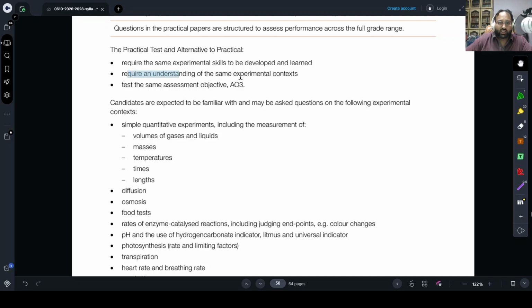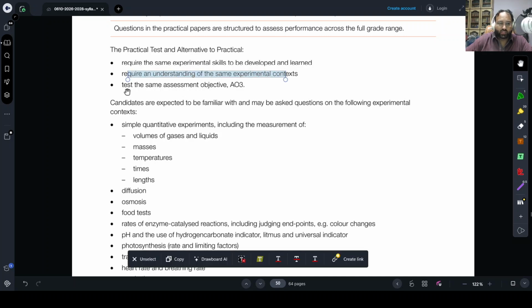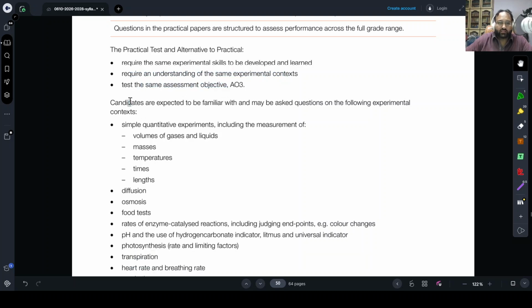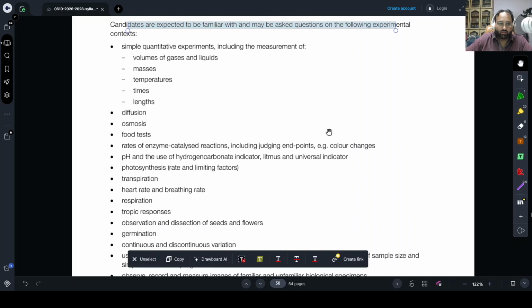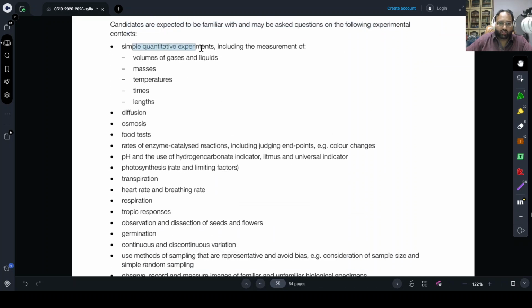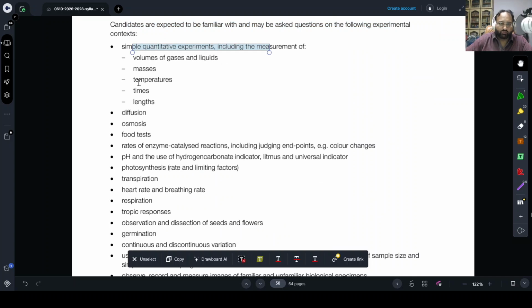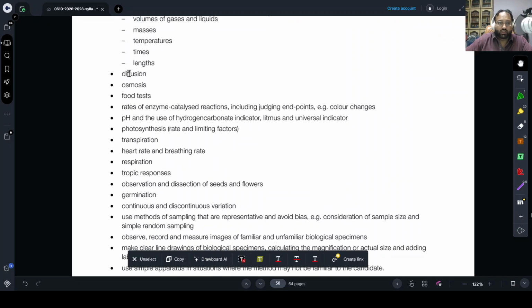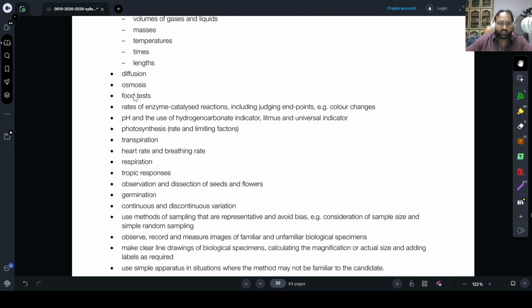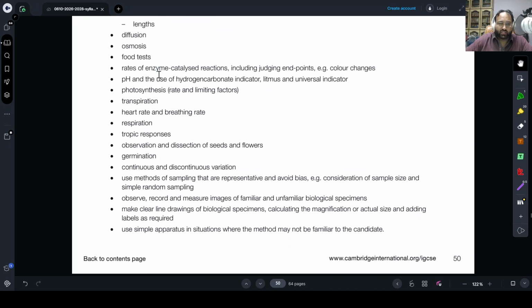They require an understanding of the same experimental context, and they test assessment objective AO3. Candidates are expected to be familiar with, and may be asked questions on, the following experimental contexts: simple quantitative experiments like measuring volumes, masses and temperatures; diffusion; osmosis; food tests; the rates of enzyme catalyzed reactions, including judging endpoints such as color changes and pH, and the use of hydrogen carbonate indicator, litmus and universal indicator.